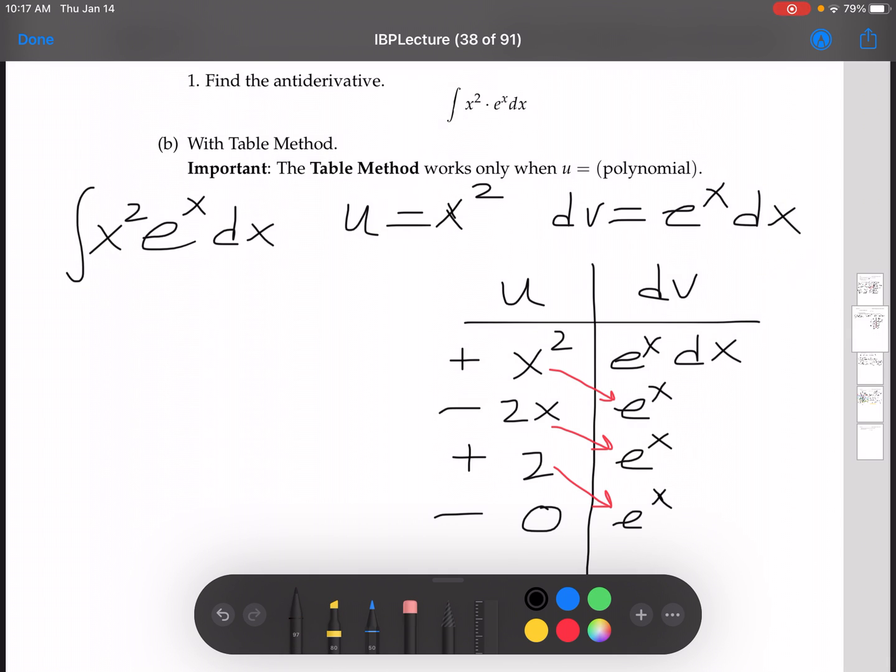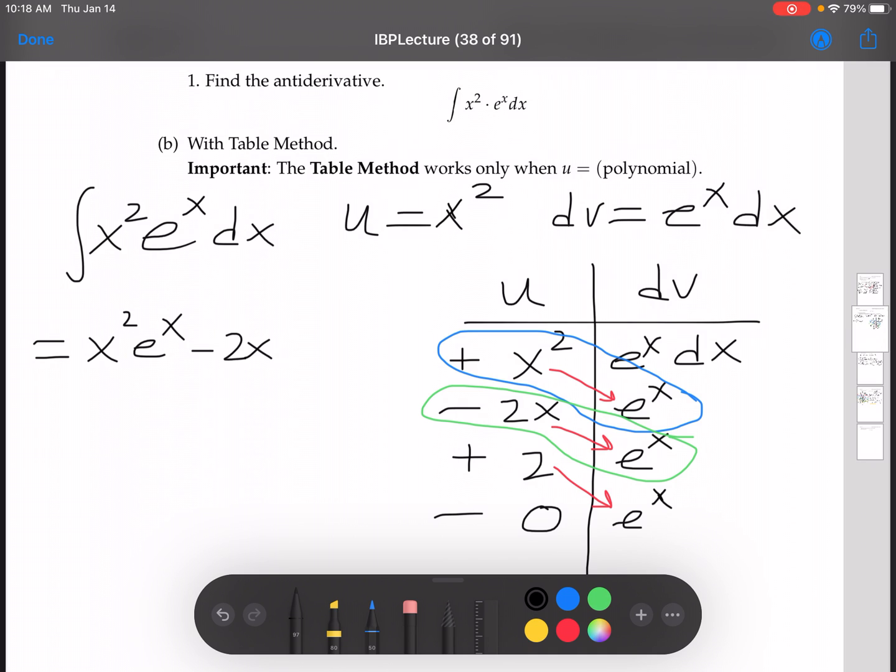And now our answer is going to be, the first piece of our answer is going to be this, which is x squared e to the x. The second piece is going to be this part right here, minus 2x e to the x.